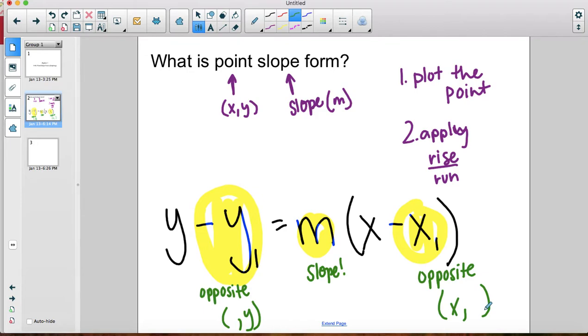So the equation looks weird, I'll give you that, but it gives us 3 pieces of information. We just need to identify what those pieces of information are and then use them to graph.